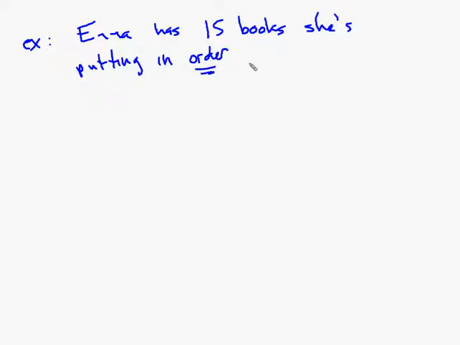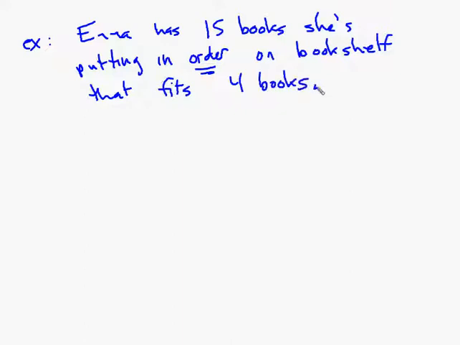Yes, because she's putting them in order on a bookshelf. So not all the books will make it on the bookshelf, but she's putting them in some sort of order on her bookshelf. Keyword, order. So order is going to be important because she's putting them in order. So this is a permutation. So maybe she's doing like an alphabetical order or something like that.